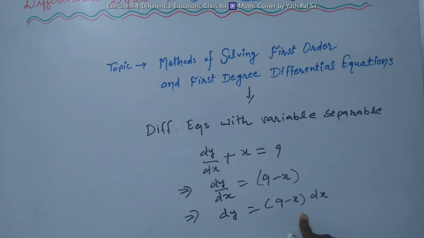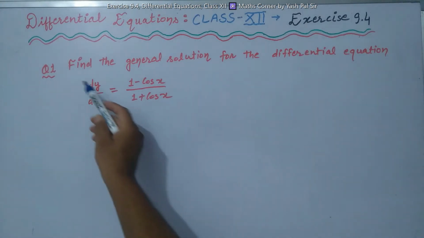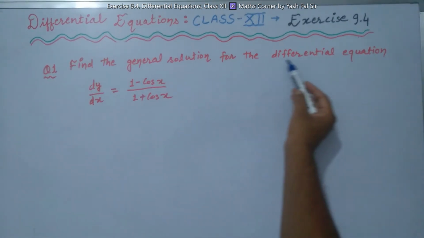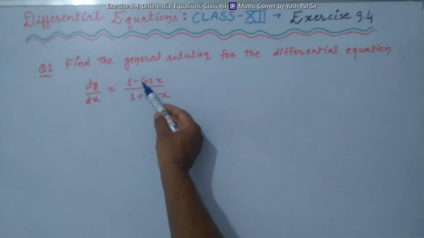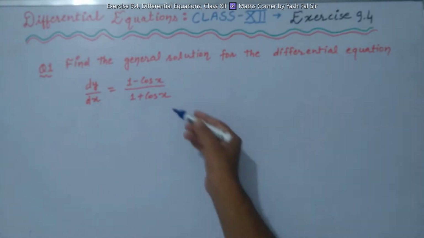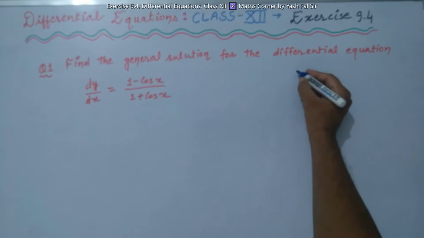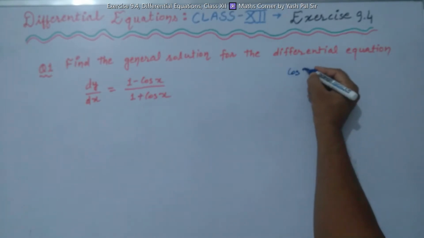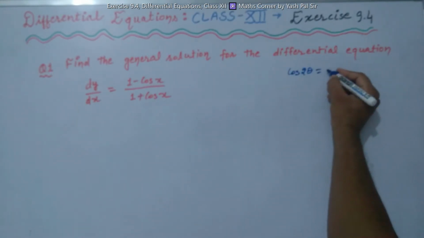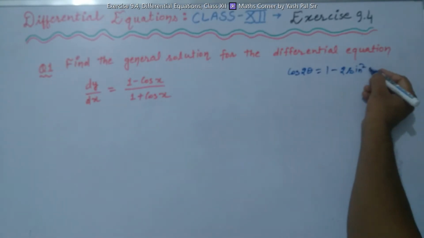So now let us see how to solve the questions of the exercise. Question number 1 is find the general solution for the differential equation dy upon dx is equal to 1 minus cos x upon 1 plus cos x. So first of all, solving the right hand side, we know that cos of 2 theta is equal to 1 minus 2 sine square theta.